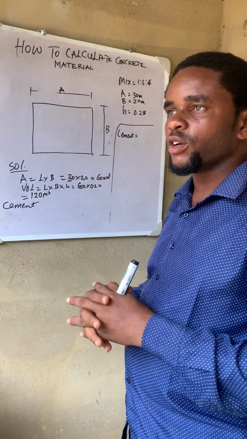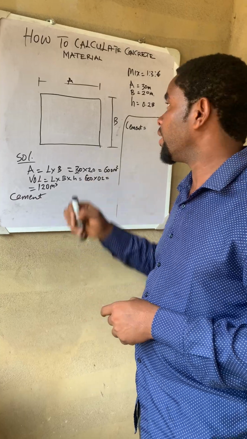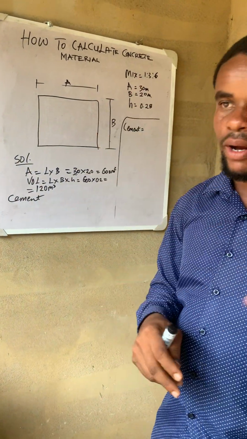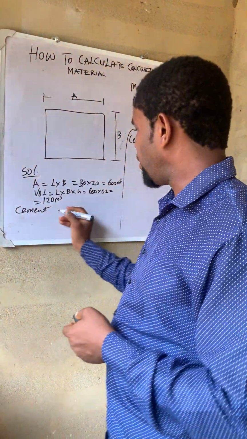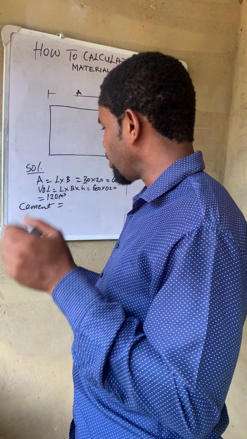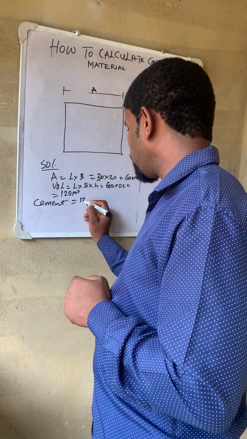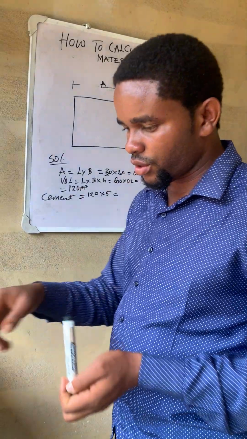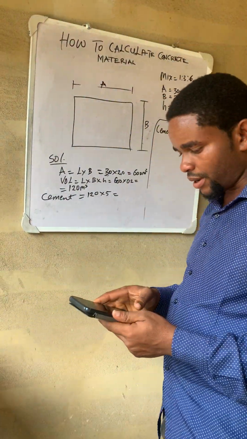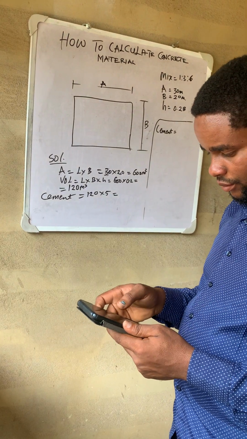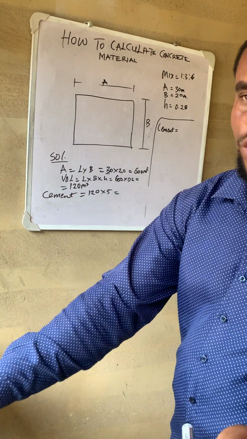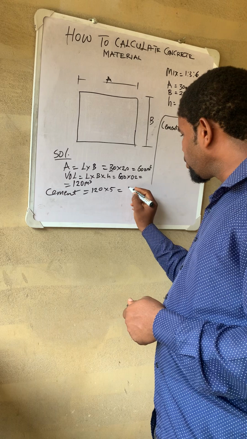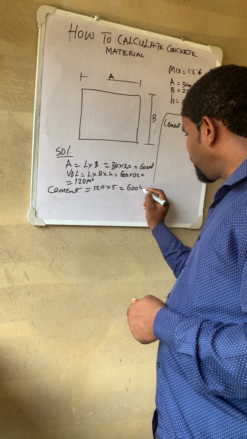The quantity of material required for 1 cubic meter at 136 will give us 5 bags of cement. So 5 bags of cement per 1 cubic meter gives us 120 multiplied by 5, which is 600 bags of cement.